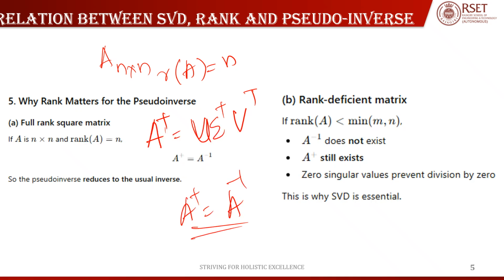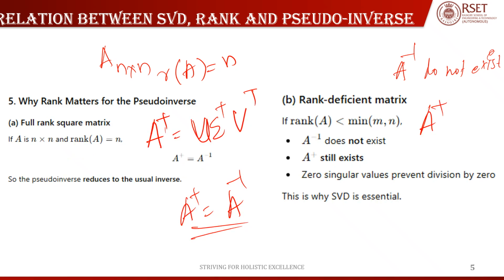And if it does not have full rank, let A be an m by n matrix, and it's not a full rank matrix, then what happens? A inverse does not exist. The determinant will always be equal to 0 and we will not be able to find A inverse. But we can find the pseudo inverse in this case.